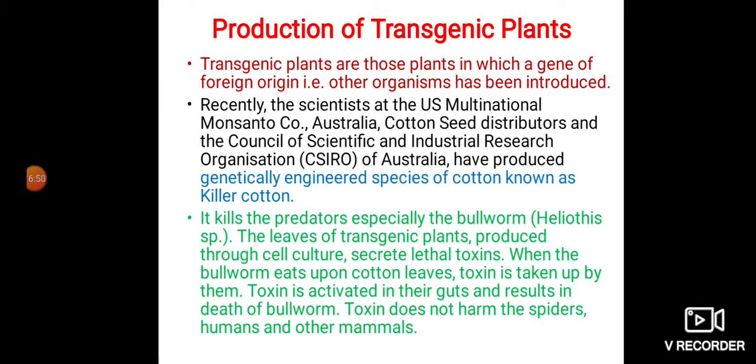This particular method of recombinant DNA technology is also used in plant systems. They are using this method to produce varieties of transgenic plants, such as insect resistant, stress resistant, or plants with augmented quality like golden rice, or insect resistance like Bt cotton.